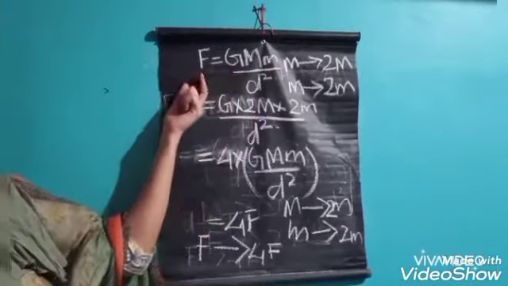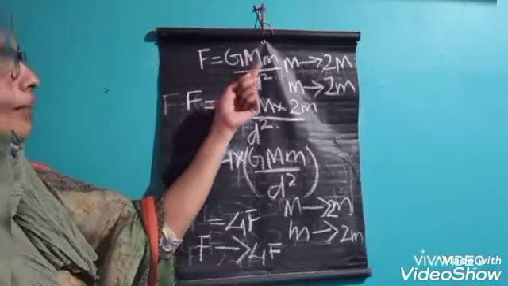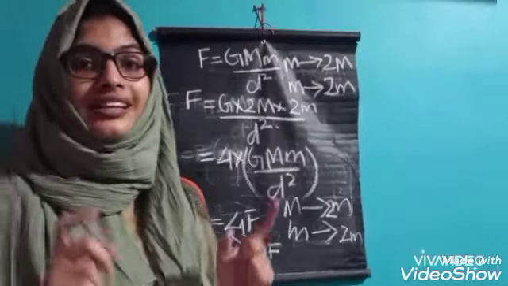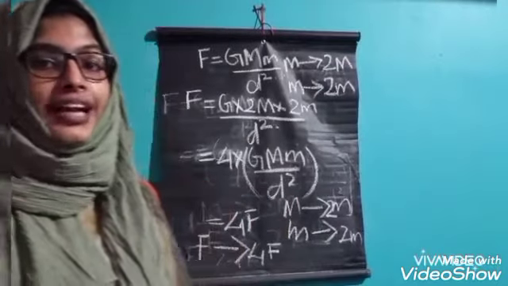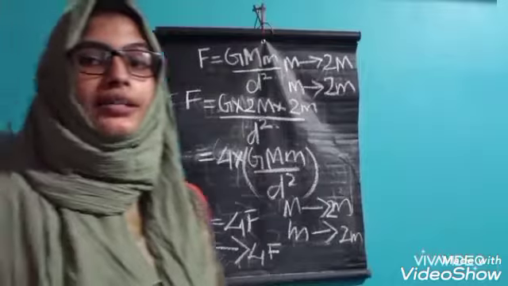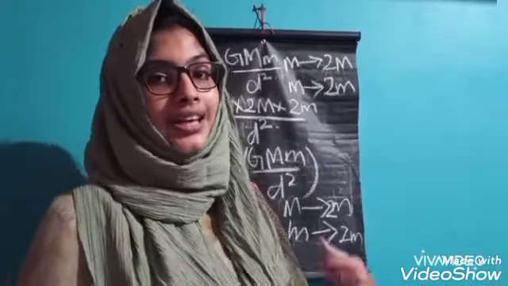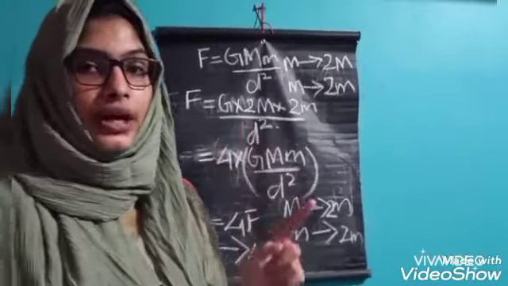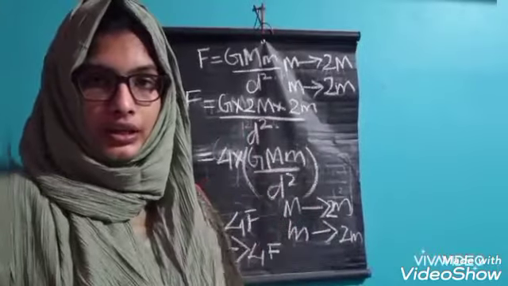Then we get the equation F is equal to GMm by D square. Here G is the universal gravitational constant, and the value of G is 6.67 into 10 raised to minus 11, and the unit of G is Newton meter square per kilogram square.